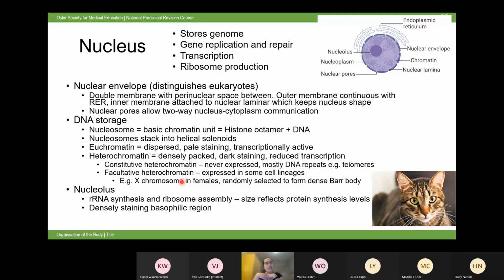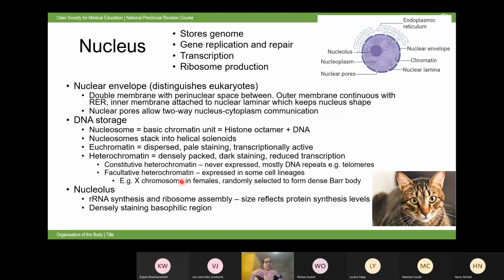And this is why we have both euchromatin and heterochromatin. And so euchromatin is like true chromatin. So it's the bit that's being transcribed and then translated into proteins. And this is the one that's less condensed, which makes sense because when it's condensed, it's more difficult for the transcription machinery to essentially get access to the DNA.